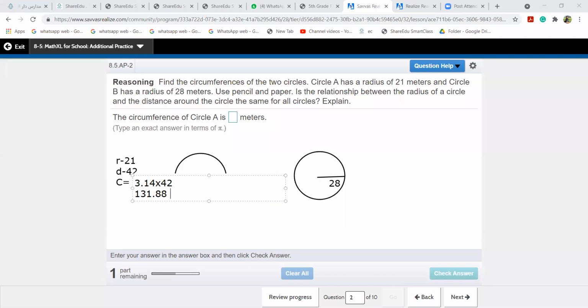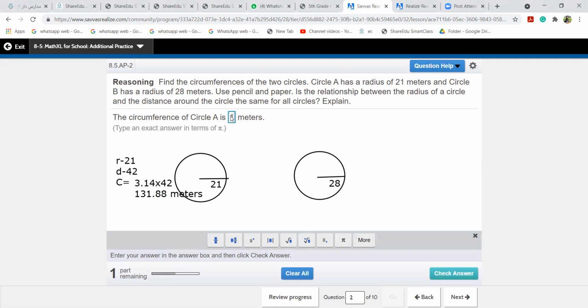Don't forget, I must write meters. So here I'll write 131.88. They want us to write in terms of pi, so I'll just write 42 pi.